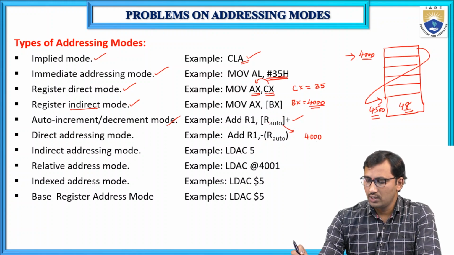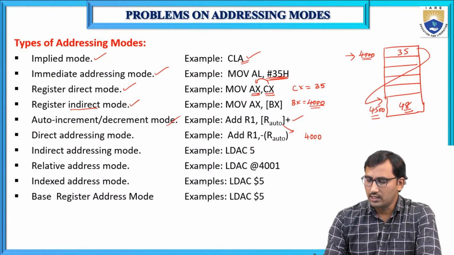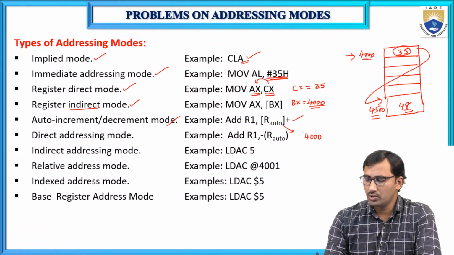Suppose in this location the operand is 35, so it will go to this address 4000, then the operand will be accessed, then the R auto address will be incremented to the next consecutive location. So the next consecutive location is 4001. So after performing the operation, the content of R auto is equal to 4001.